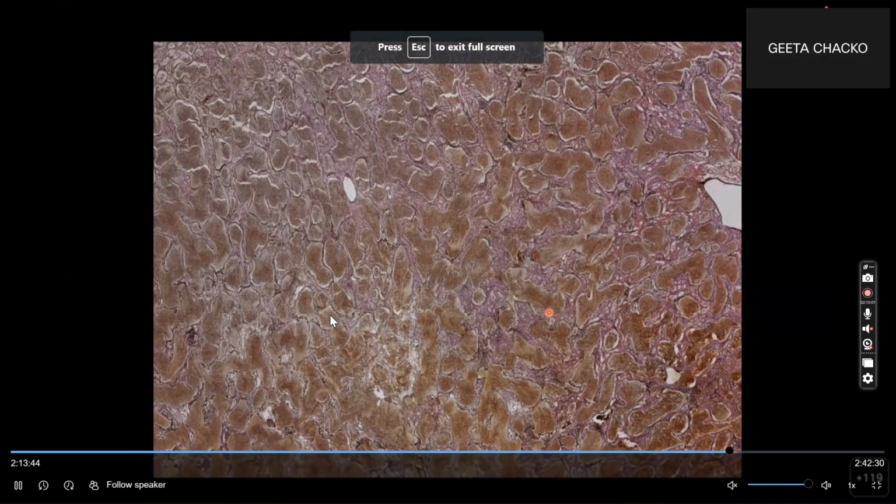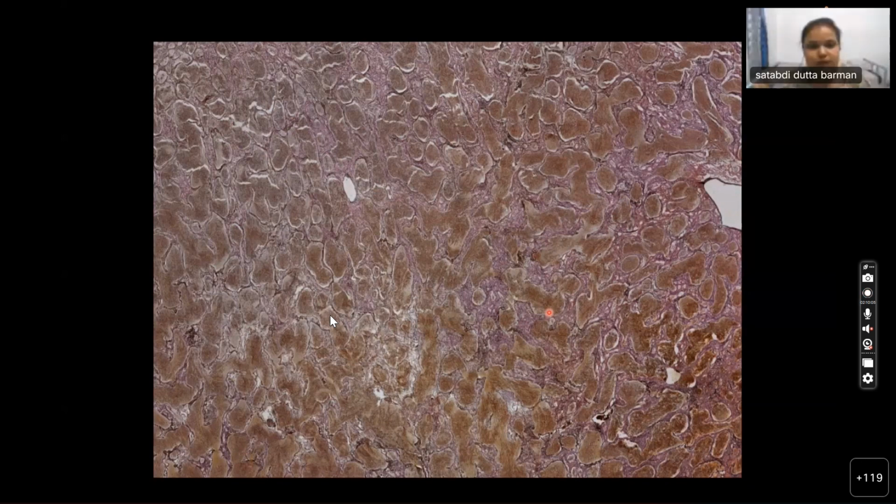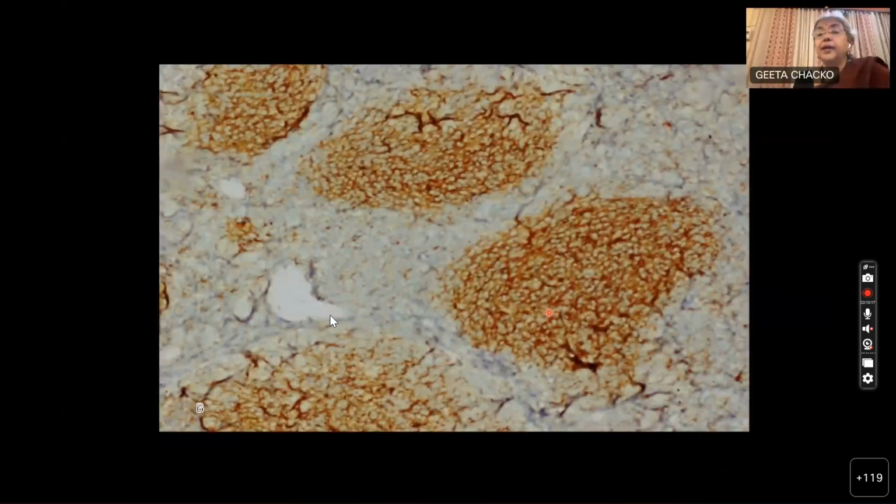This is a pale island, which is separated by internodular high grade reticulin rich areas. Okay. Reticulin rich areas. Synaptophysin is showing positivity in the nodules, micronodules.